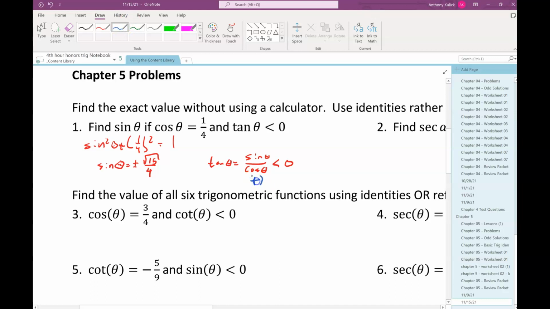If I know cosine is positive, sine must be negative. So I'm going to abandon the positive, and we'll just go with negative root 15/4. Is that okay?